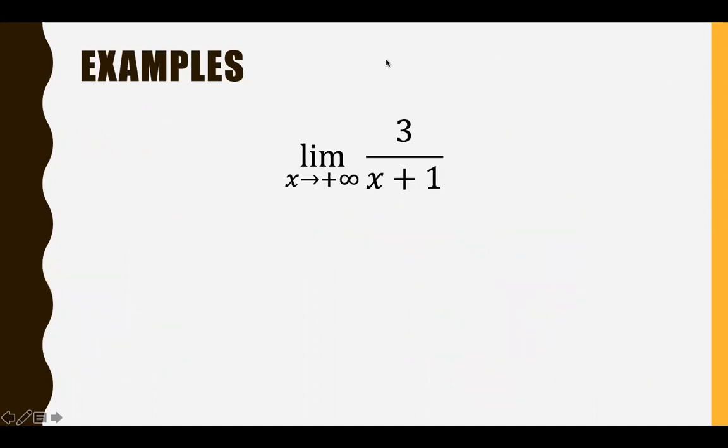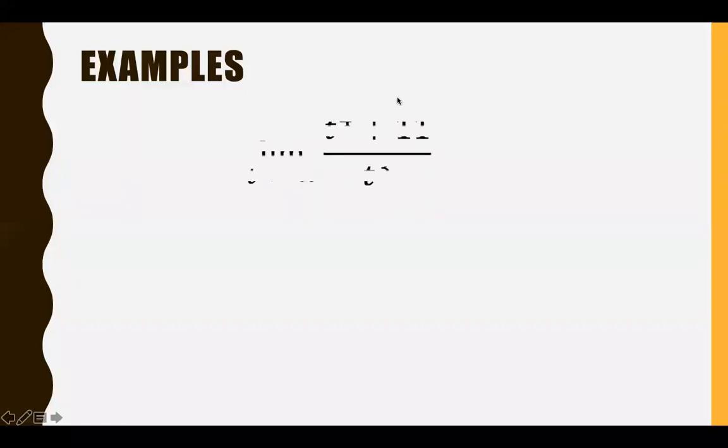All right, so let's proceed to the last example, which is this. Earlier, the degrees of the numerator and denominator were not equal, and the denominator had the greater degree compared to the numerator. This time, still having no equal degrees, the denominator has a lesser degree compared to the numerator.